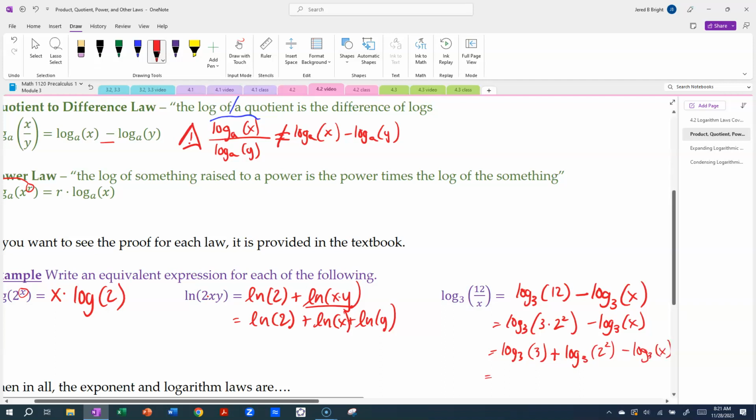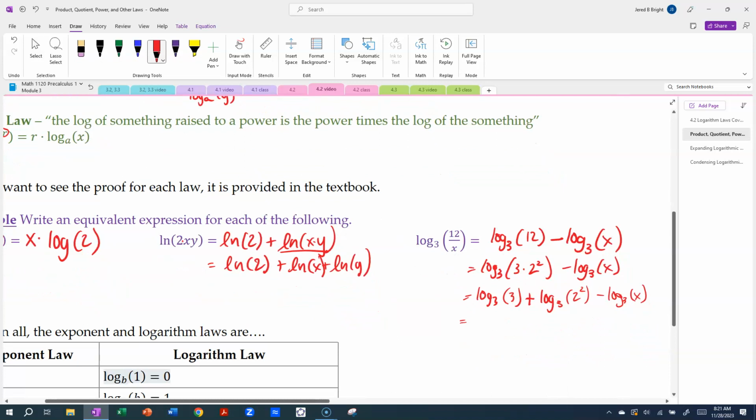Then finally, log base 3 of 3 is 1. That comes from our log properties: the base of the log matches the input, so that just simplifies to 1. Then this would be 1 plus 2 log base 3 of 2, all minus log base 3 of x. If you wanted to go that extra mile, great. The intention was just for us to use the quotient property.